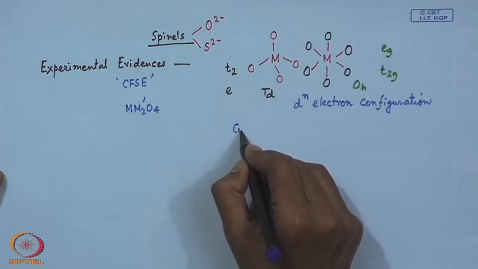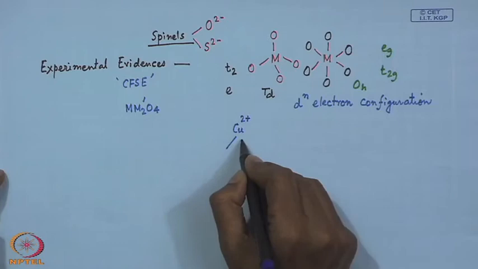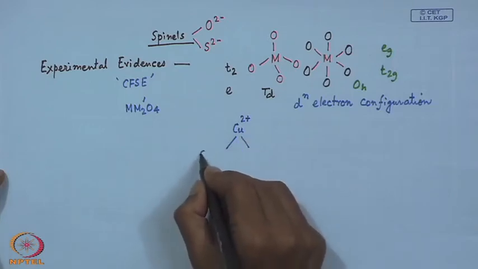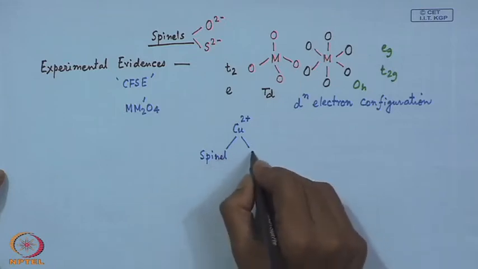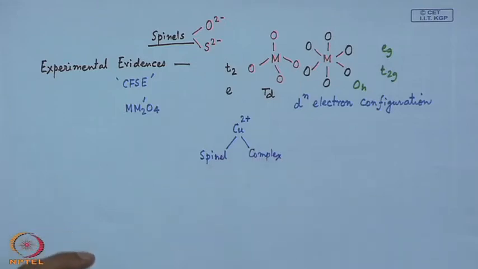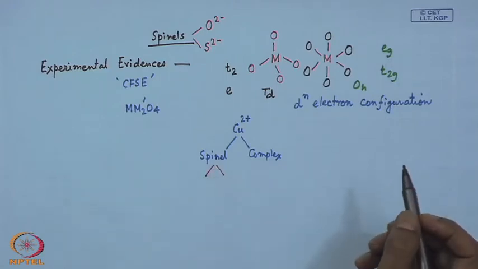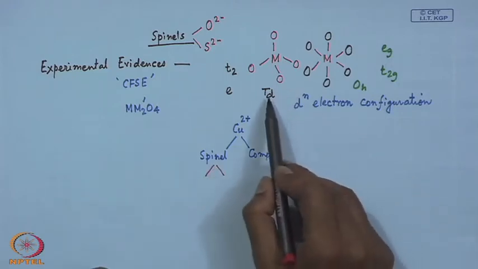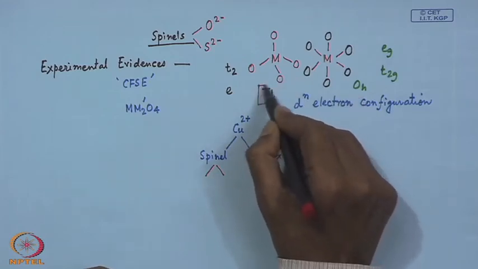If it is a copper based spinel, copper 2 plus based, it can be a spinel or it can be a simple complex such as the copper tetraammine complex or copper hexaaqua complex. When it is a spinel, we can have the configurations for these two geometries, Td and Oh.